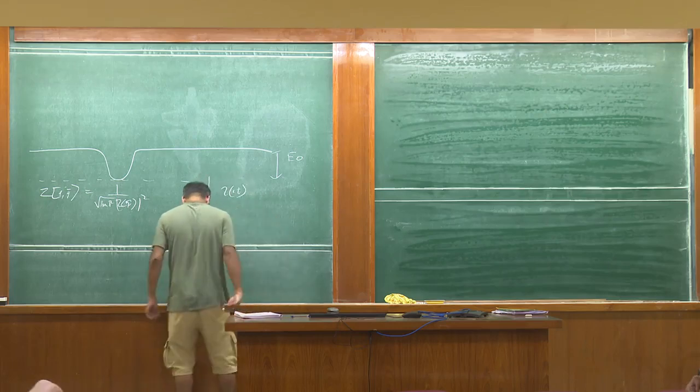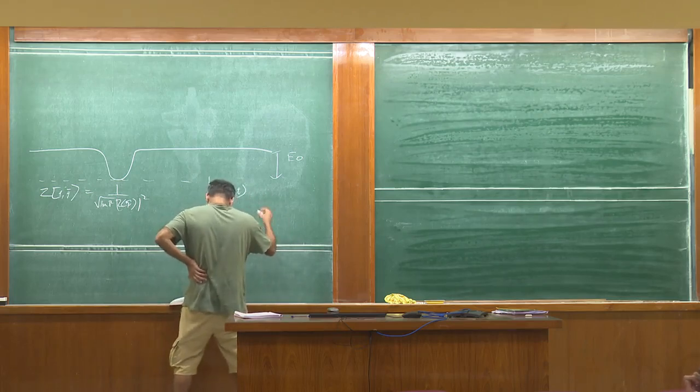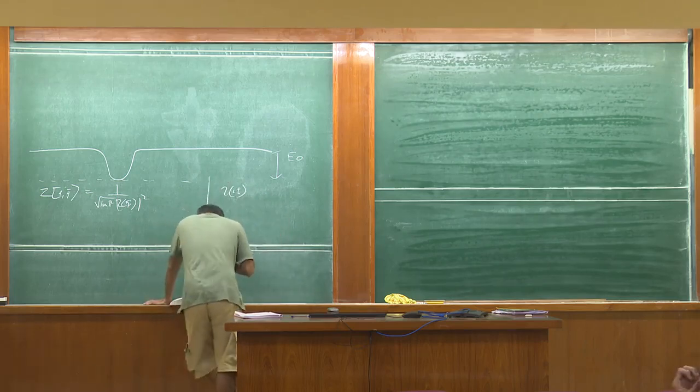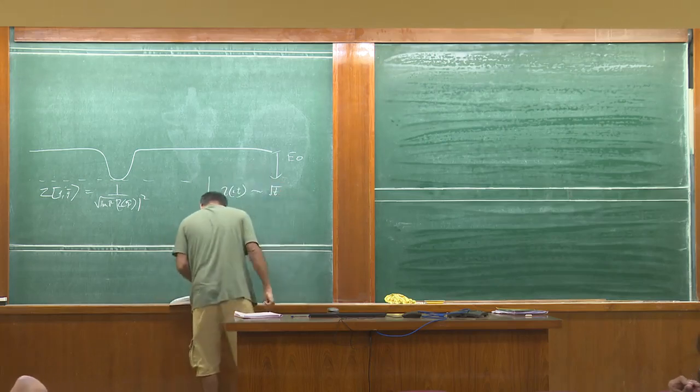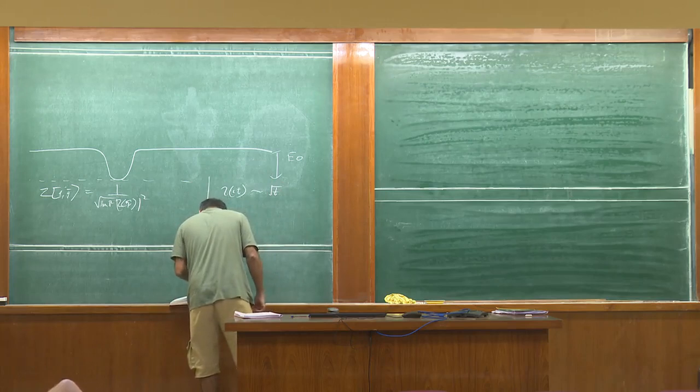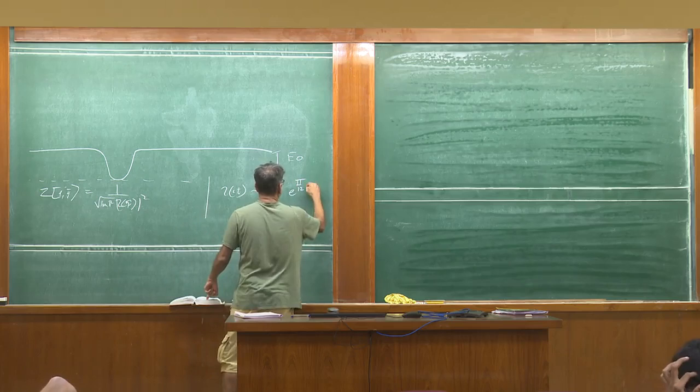At large tau, eta of it went like square root t times e to the power pi by 12t.